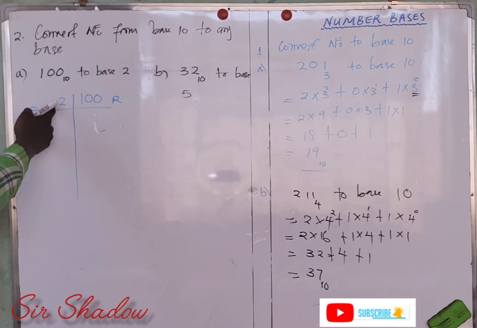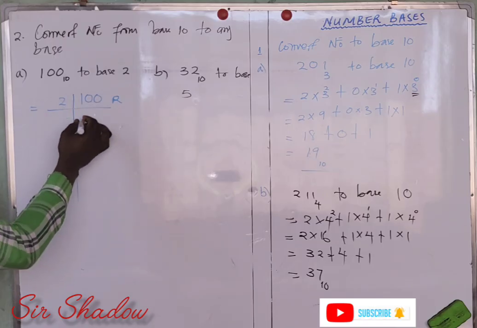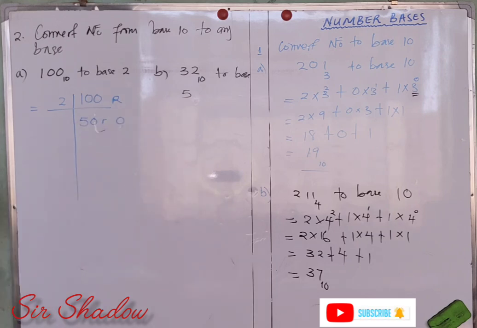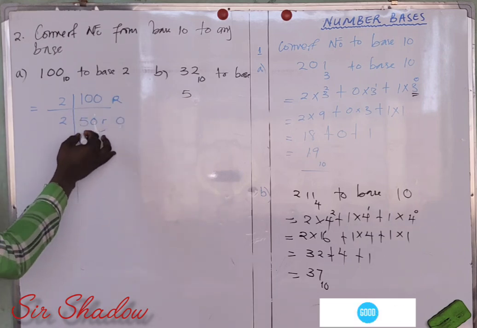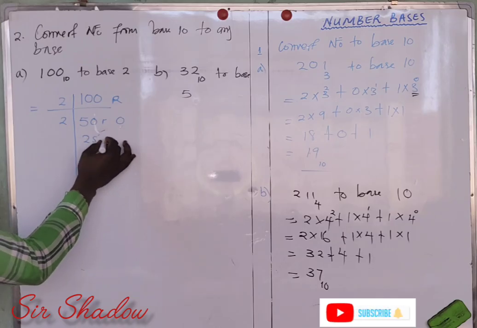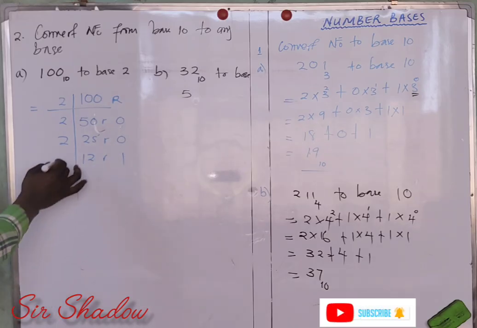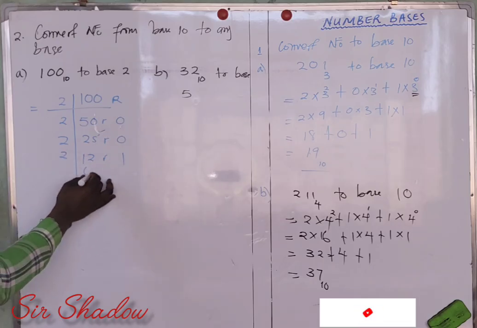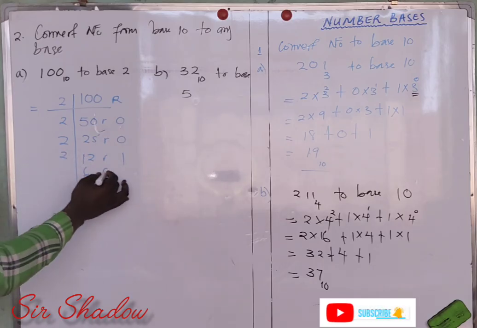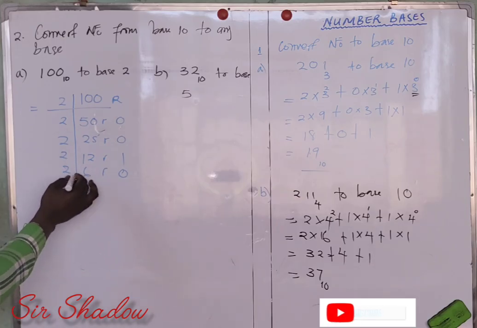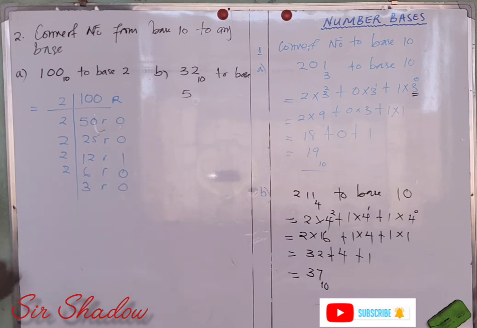Right, so 2 into 100 is 50. Remainder is 0. 2 into 50 is 25, remainder 0. Then 2 into 25 is 12, remainder 1. 2 into 12 is 6, remainder 0. 2 into 6 is 3, remainder 0.